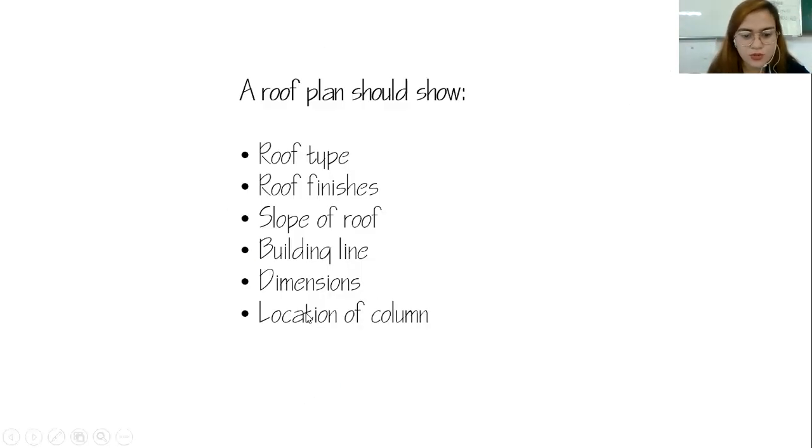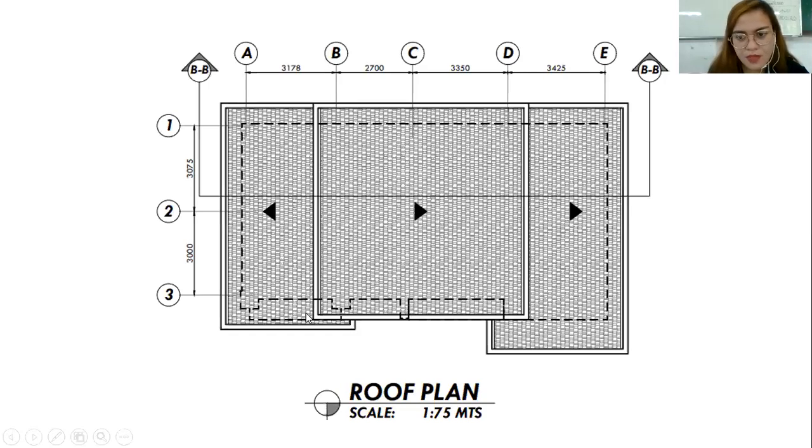So it's important also to show the dimensions, this one, the dimensions and all other dimensions, and the location of the column. It is important to show the location of the column para if you're going to go on with the construction now, locating certain areas is not difficult for you, since if you're going to discuss certain areas or certain parts, you'll just say na it's somewhere near column D and column E and around column 1.